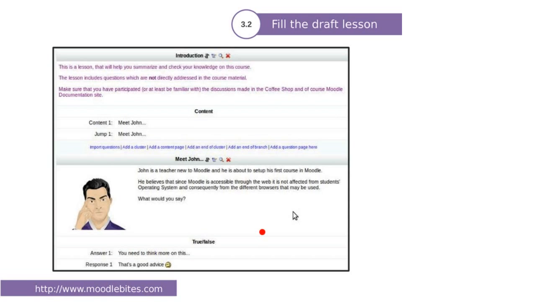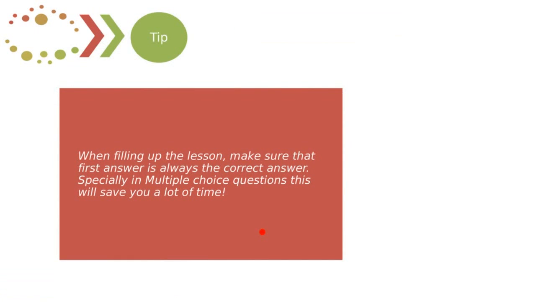Well, another tip. When filling up the lesson, make sure that you always use the first answer for the correct answer. This is a small habit that can save you so much time. Yes, I always do that too.